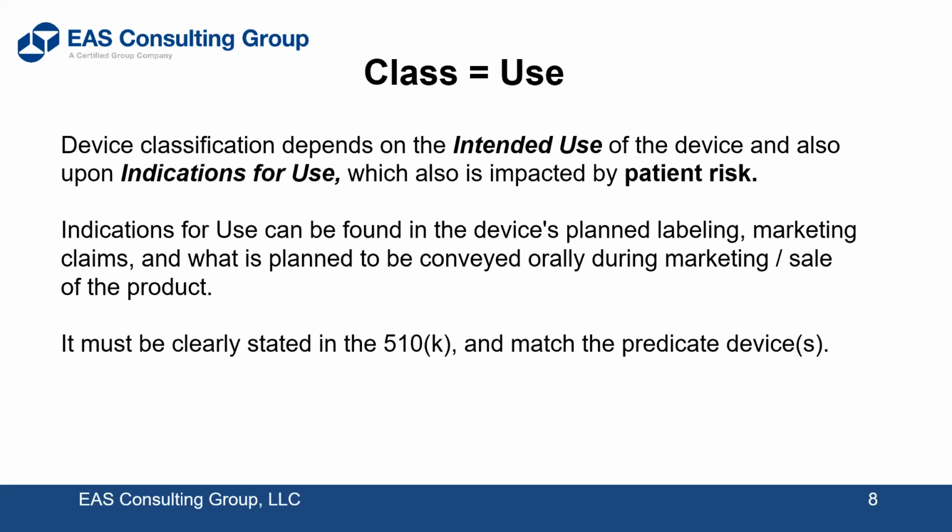If you go beyond those indications for use, like marketing tends to do, wanting to expand the sales of their product, you get into what is called off-label promotion, which is illegal. So you need to be careful. Once you get a cleared 510K, you're stuck to the indications for use. You can't expand it without a new 510K.